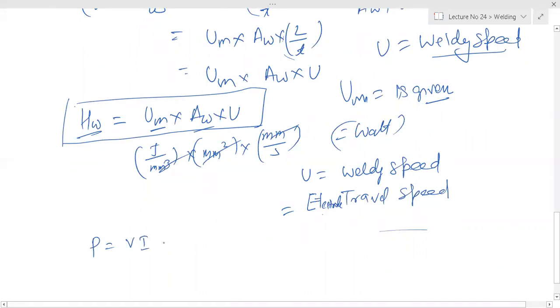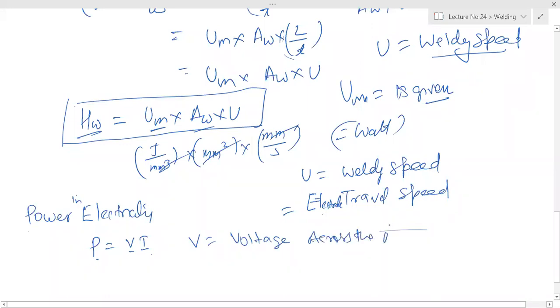This is your power in electricity, P is equal to voltage into current. So V is your voltage across the arc, and I is your current passing through the arc.